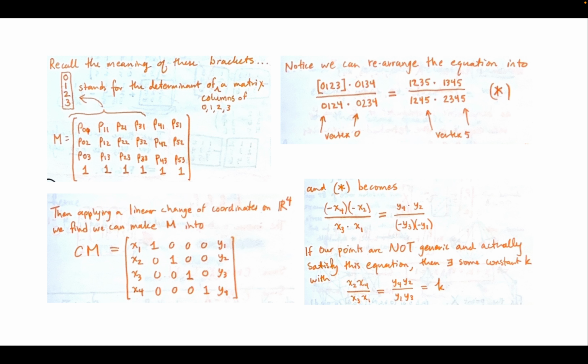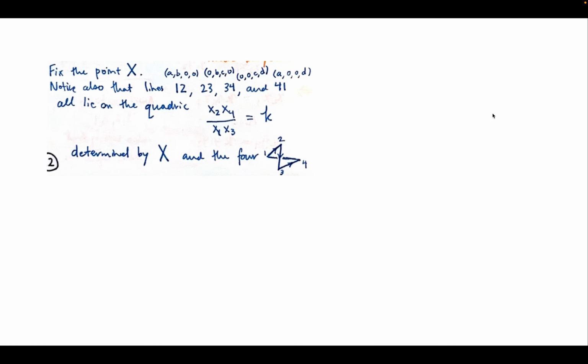But by changing coordinates, we can look at what this means and say, look, if I look at the x's, which are now the barycentric coordinates of my 0th vertex in terms of the 1, 2, 3, 4 vertices, this ratio is going to be some number. This ratio is equal to some number k, and that defines a quadric. If then I place my 5th vertex with its barycentric coordinates y1, y2, y3, y4 in terms of this tetrahedron 1, 2, 3, 4, if I place it on that same quadric, then this equation becomes true.